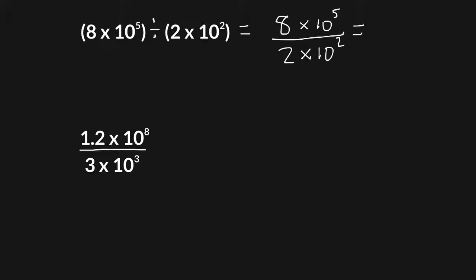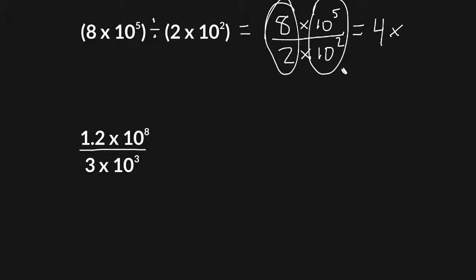When I've done that, it kind of looks like those expressions I was working with, simplifying with the exponent expressions. Here are two numbers that we can simplify as a fraction, and here are two like bases that we can simplify. 8 divided by 2 gives me a 4, still multiplying the result of this second part.